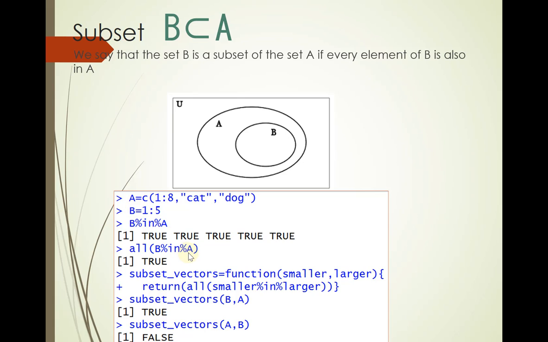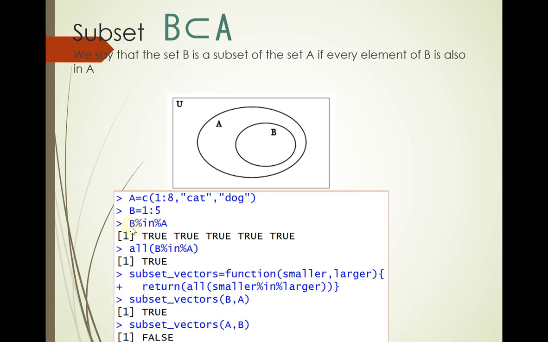Now, before we go back to the RStudio explanation, which is bigger, B or A? Which has more elements? So B is 1 through 5, and A is 1 through 8 plus cat and dog. So B is smaller. Now, what happens when you run this? Let's just look at it. So we're using it related to this slide on subsets.